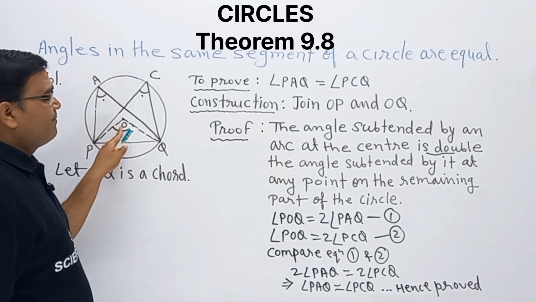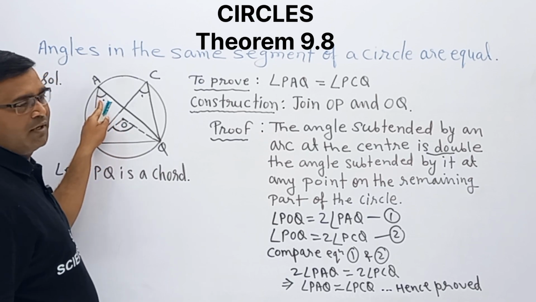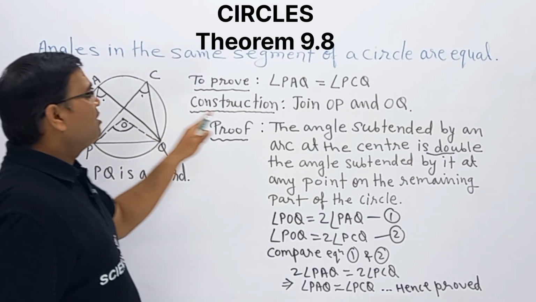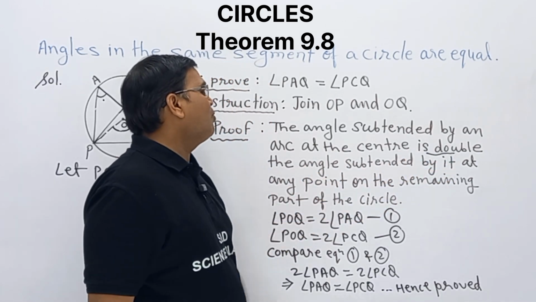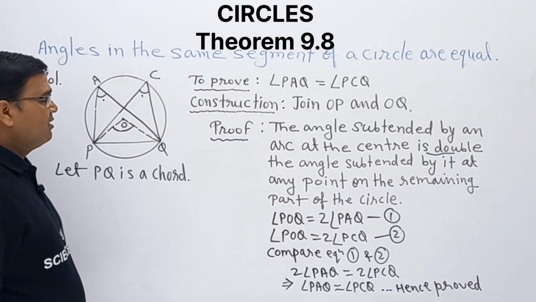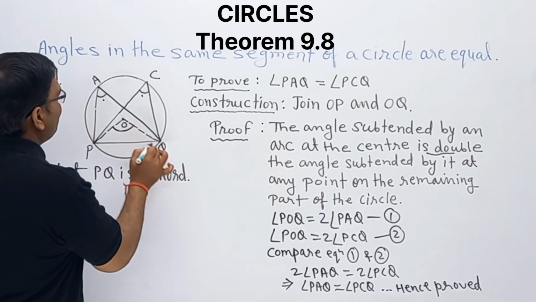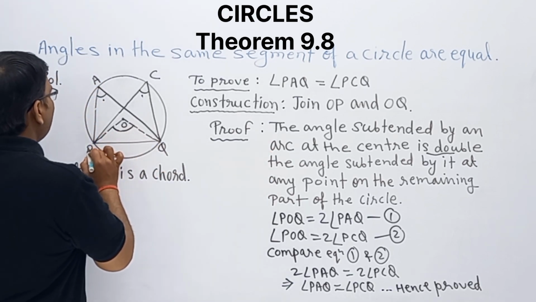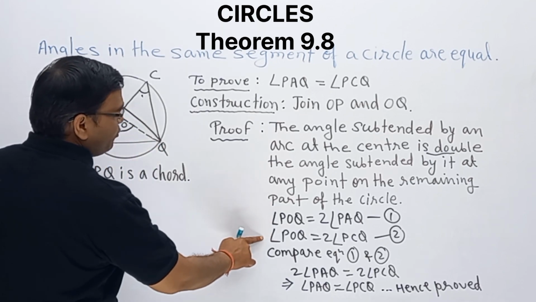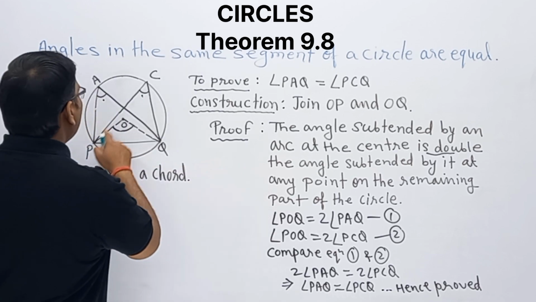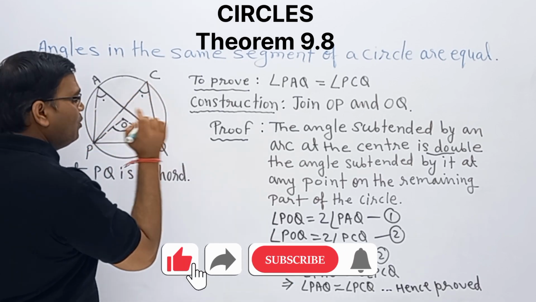The angle at the center due to this arc is double the angle subtended by it at any point on the remaining part of the circle. So by this theorem, angle POQ equals 2 times angle PAQ, and angle POQ equals 2 times angle PCQ.